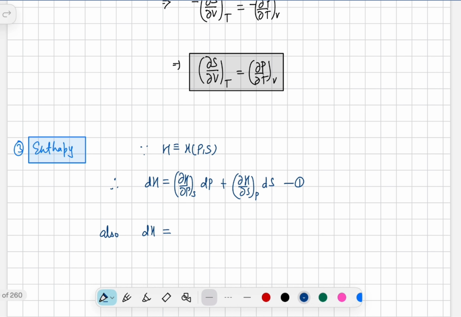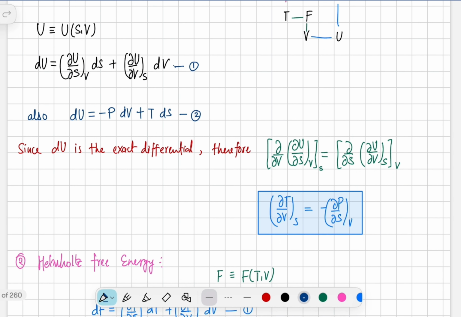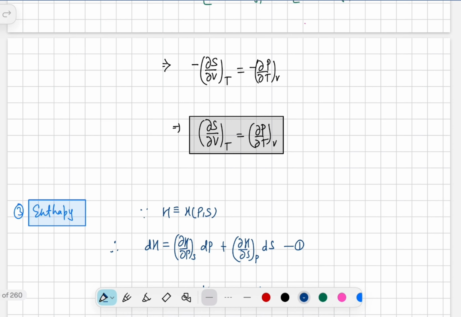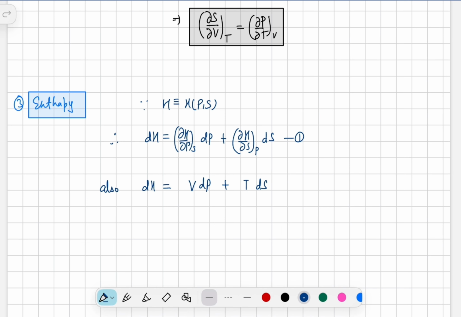let's see the mnemonics, but I know you can do it now. So this is dP and this is dS, so the partner of P is V, and the partner of S is T, right? So V dP and T dS.